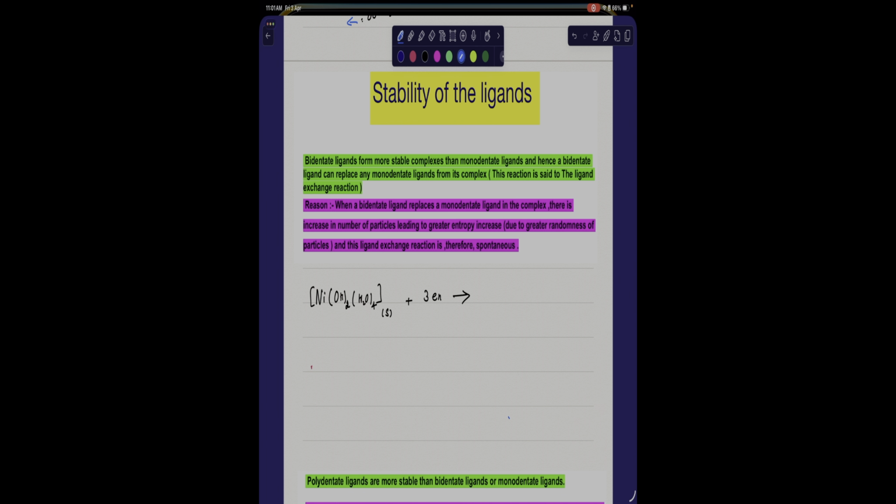So the product you will get is this. So nickel en3, and as en is a neutral ligand, the charge of the complex is going to change. Before it was 0 or neutral. Now this complex will be +2. So now the physical change will be there.